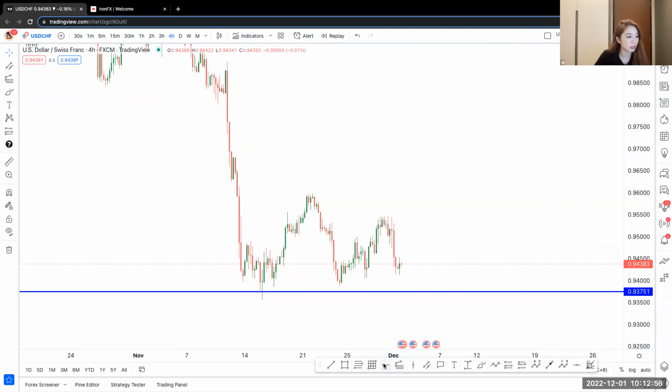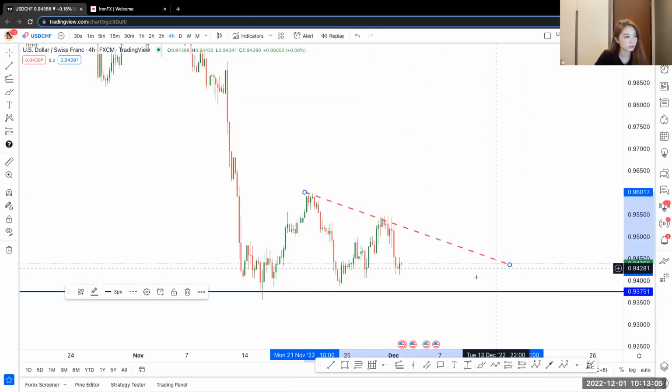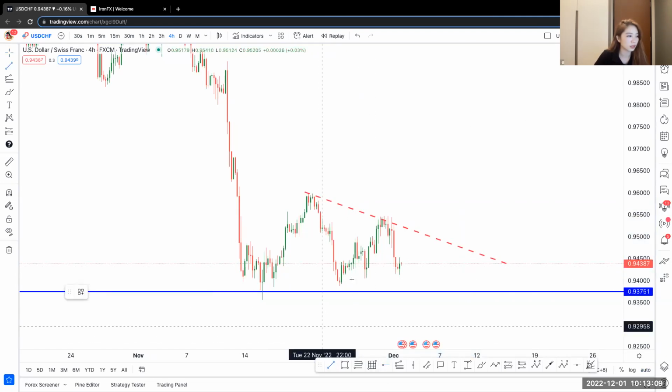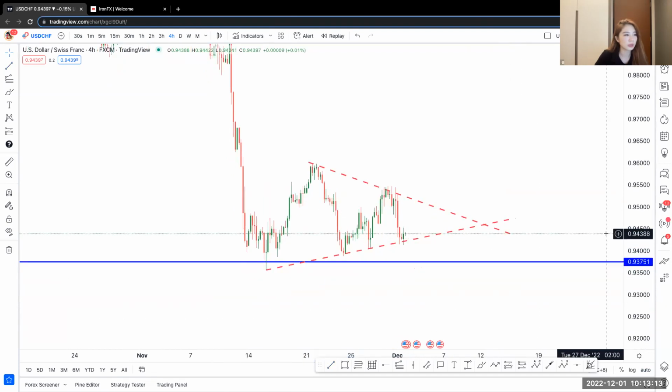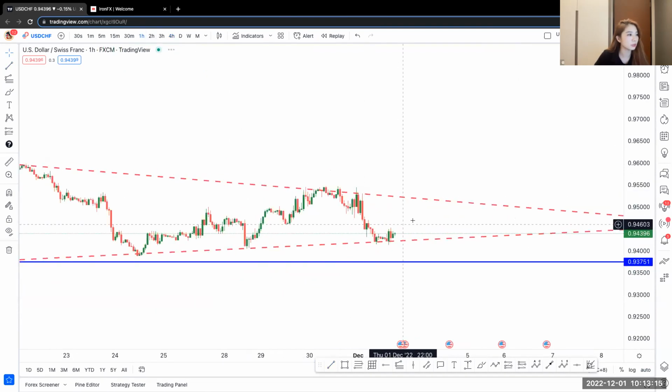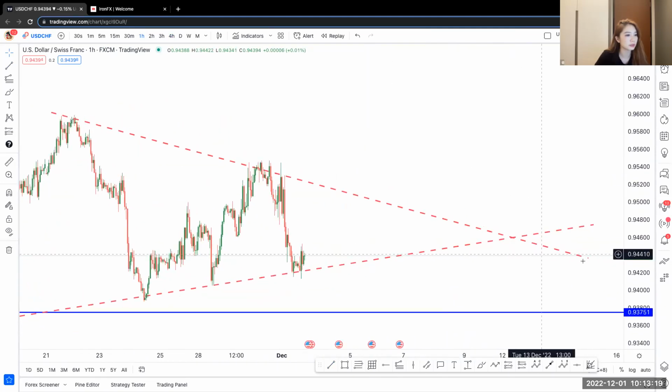We are looking at a downward drop. Okay, so if you are looking at the H1, it'll be more obvious. We are looking at a triangle movement.